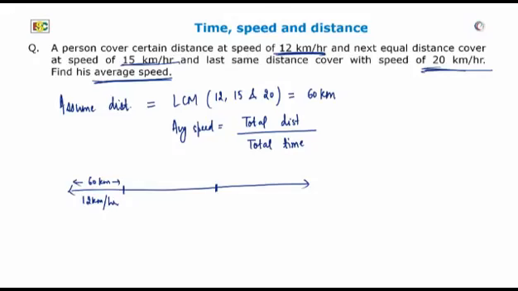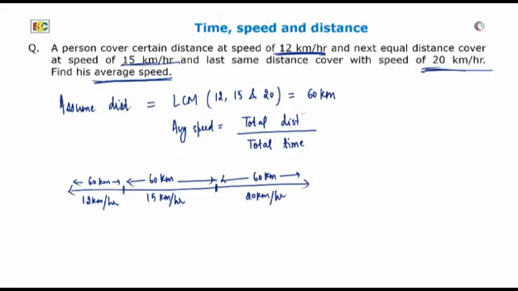For second part, again distance is 60 km and speed is 15 km per hour. And for third part, again distance is equal to 60 km, that we have assumed, and the speed is 20 km per hour.